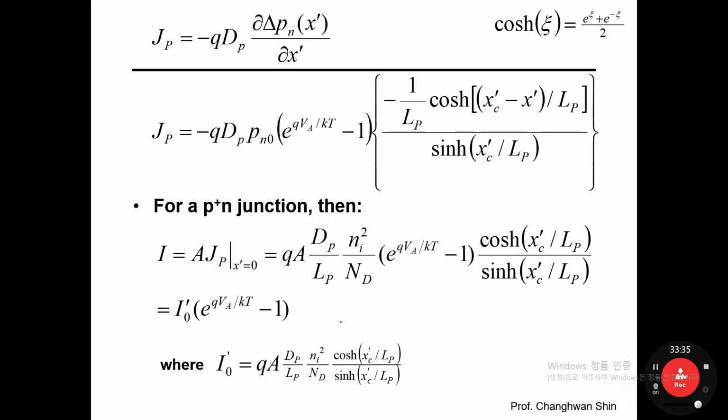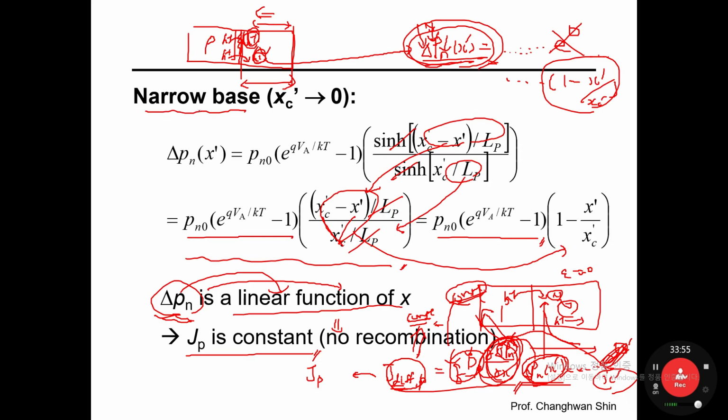Okay, so let's do some more detailed work. J P is defined as minus q times D p times the derivative of the excess hole concentration in the n side, so we should take the first derivative of it. In the case of a narrow base, the mathematical job is very simple because delta p sub n follows a linear function of x.